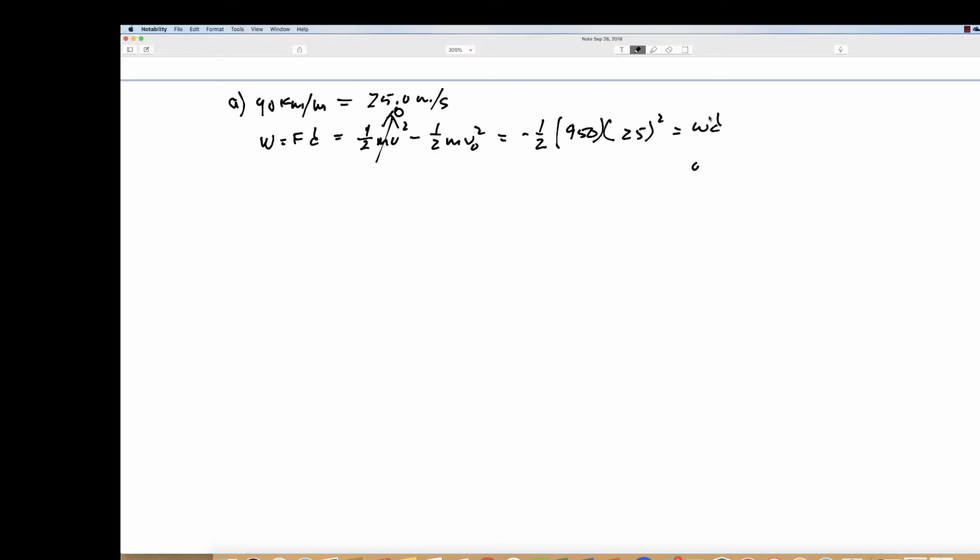So if you want the force, you have to take this number and divide it by 120, because that's the distance that it stopped over. And so if you do the math here, you get minus 2470 newtons.